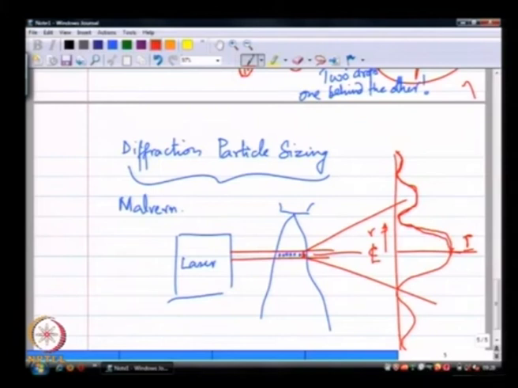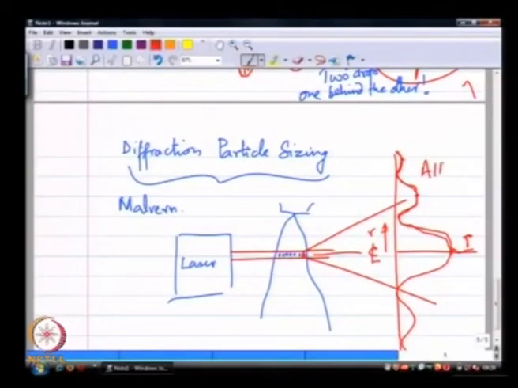So, you see a very bright spot in the middle, one more bright spot a certain angular deviation away, and a third bright spot. So, you see these clear peaks. This is called the Airy diffraction pattern.